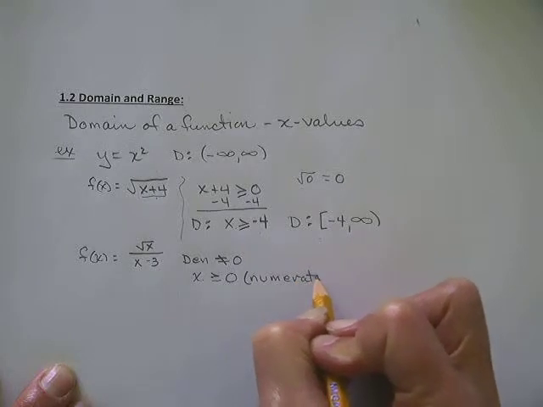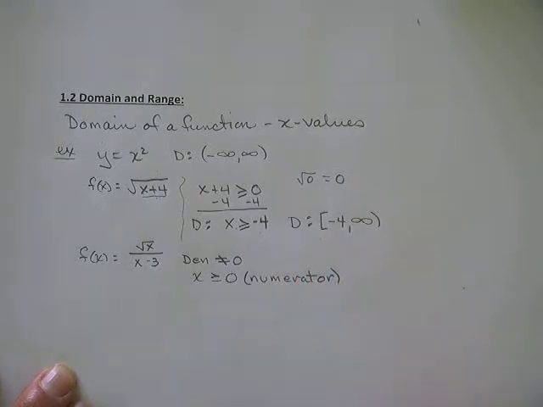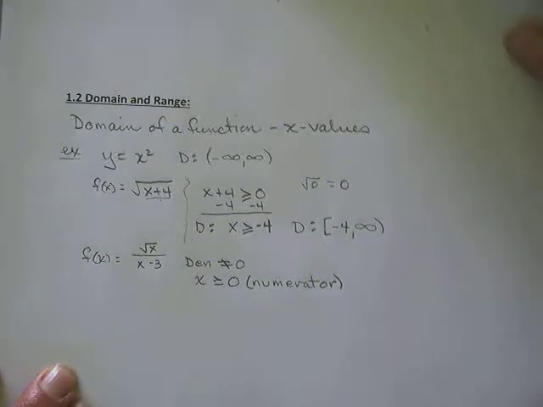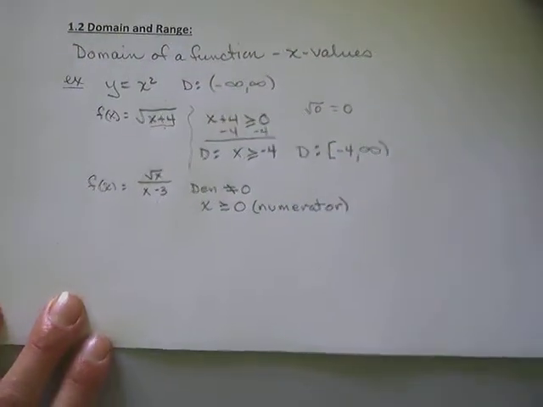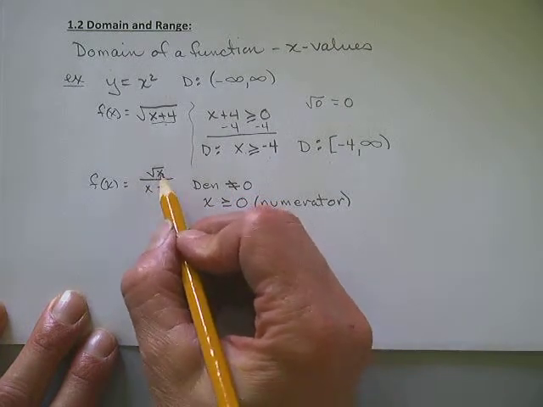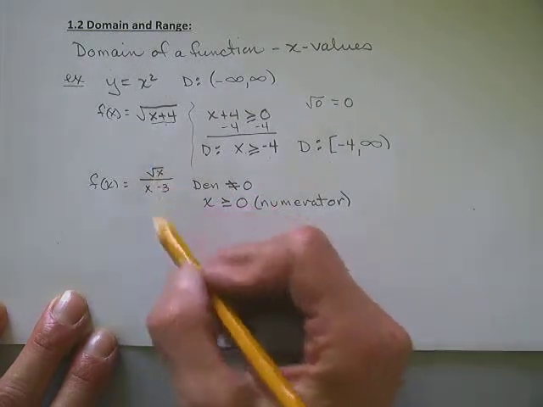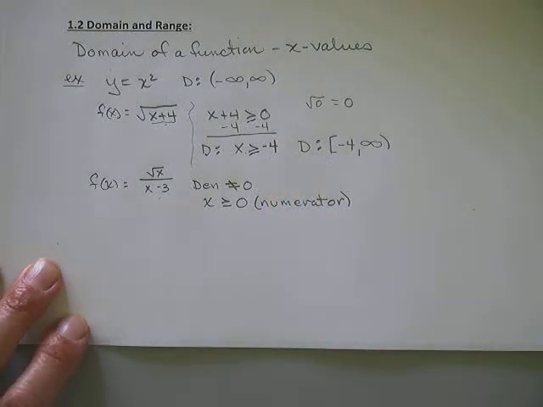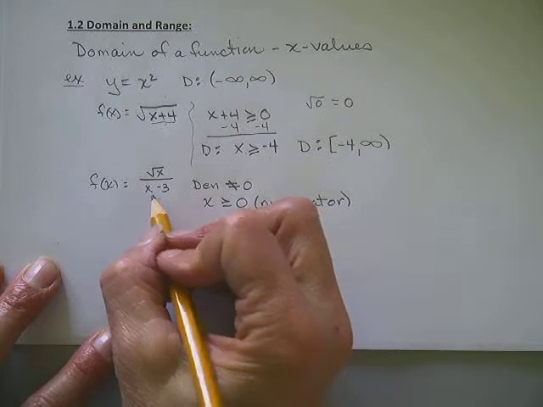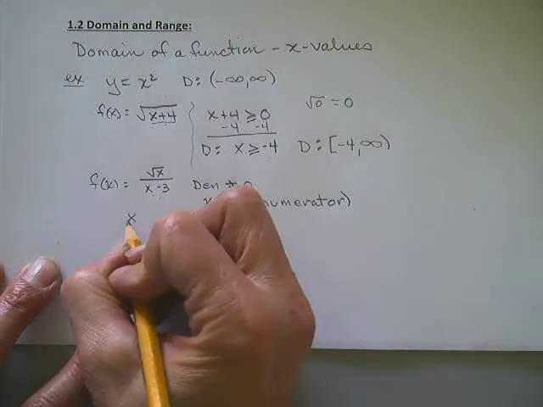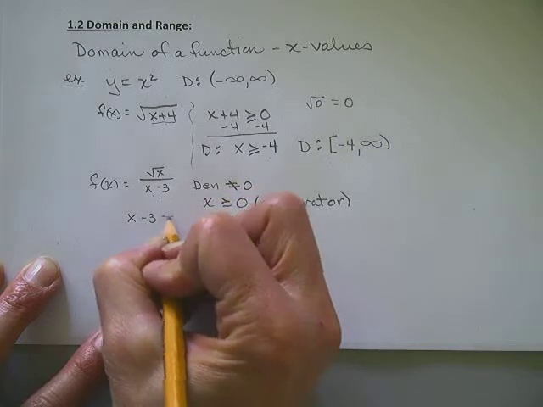And x, in this case, must be greater than or equal to 0 also, because of the numerator. Okay, does that make sense? Two different situations going on. I have to worry about the denominator, and I have to worry about the numerator, because I've got two of those special things.